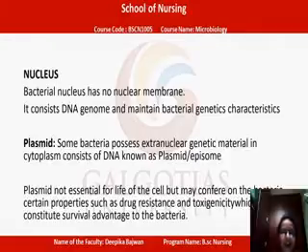And second is plasmid. Some bacteria have extra nuclear genetic material which is not present inside the nucleus, but floats inside the cytoplasm. That type of extra nuclear genetic material is known as plasmid. This plasmid is not essential for life, because, as already told, only some bacteria have this structure.